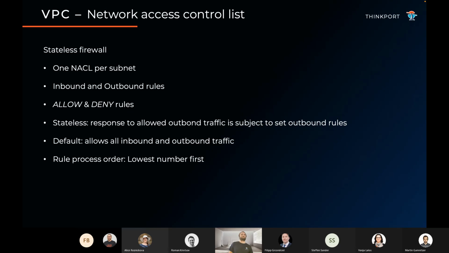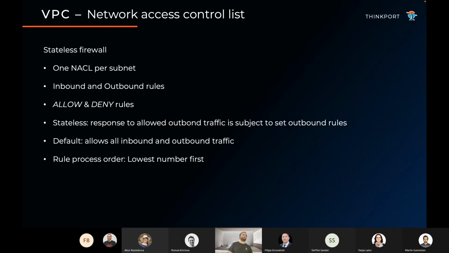So the last two requirements you have to meet are to set firewall rules. You have two options in AWS to set those rules. One is network access control lists, and the other one is security groups.